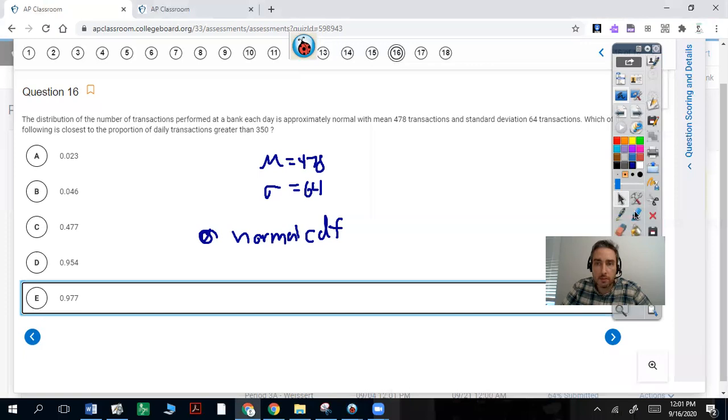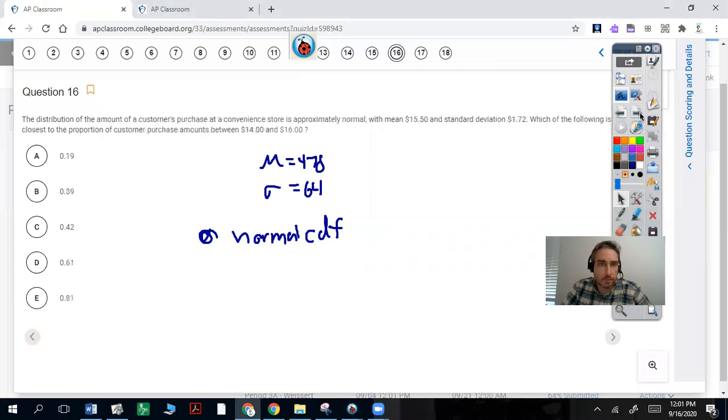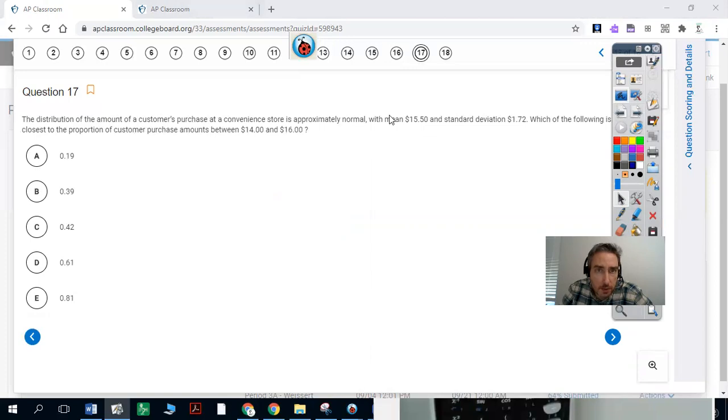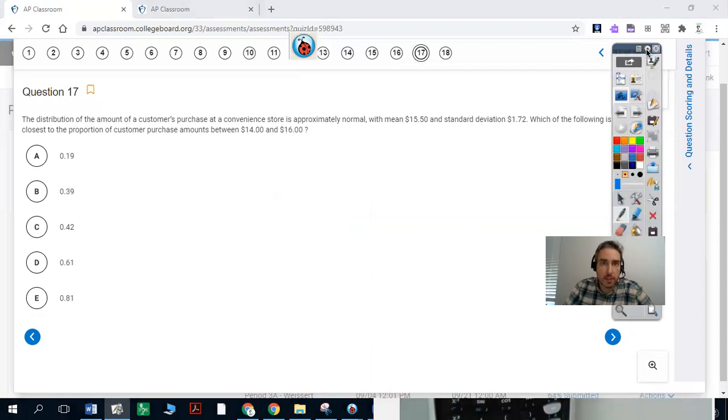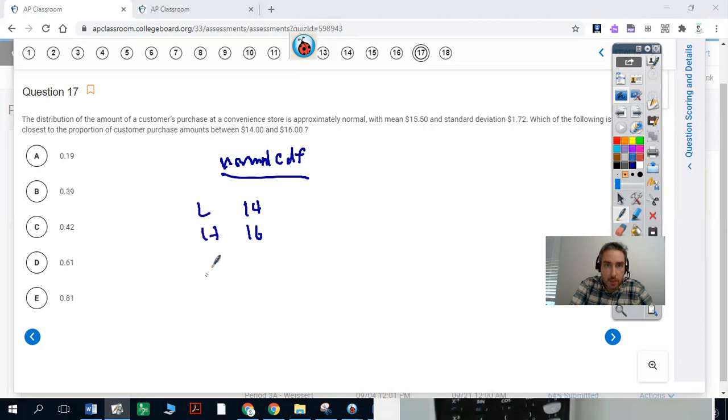Number 17. The distribution of customer purchases at a convenience store is approximately normal. Mean of 15.5, standard deviation of 1.2. Which of the following is closest to the proportion of customers between $14 and $16? Again, normal CDF. See how much quicker that is than the table, right? You're going to do 14, 16, lower, higher. Your mean is going to be 15.5 and your standard deviation is 1.2.